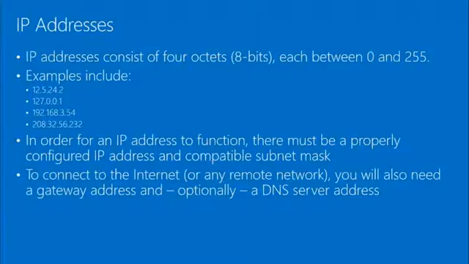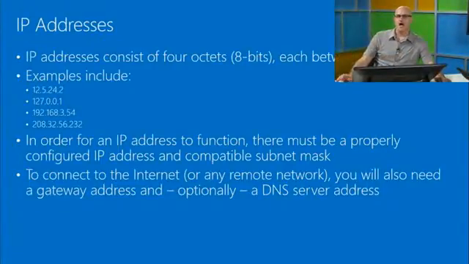Examples include 125.5.24.2 and 192.168.354. In order for an IP address to function, there must be a properly configured IP address and compatible subnet mask. To connect to the internet or any remote network, you'll also need a gateway address and a DNS address.